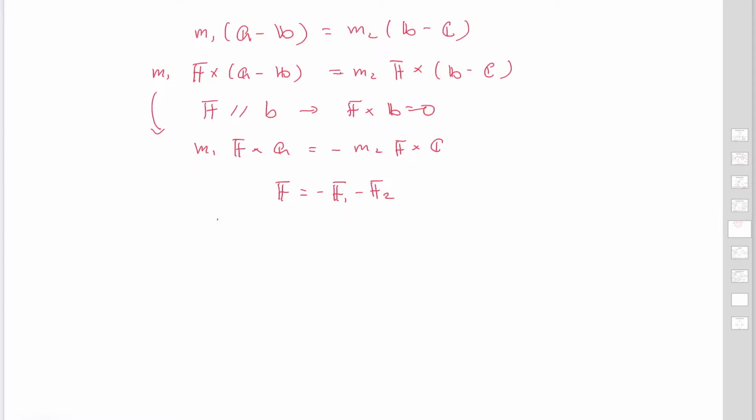F sub 1 is parallel to the A vector, so for the same reason, F sub 1 cross A is 0. And F sub 2 is parallel to the C vector, so this means F sub 2 cross C is also 0.